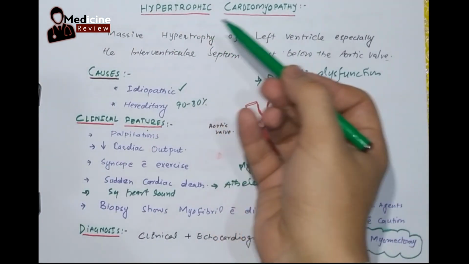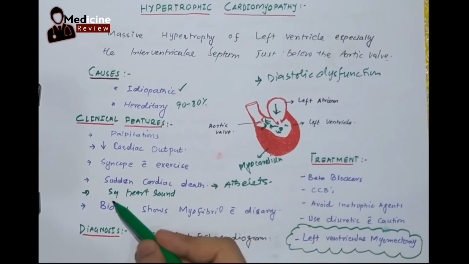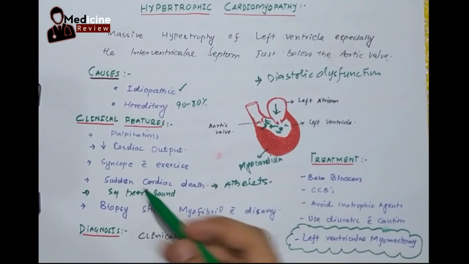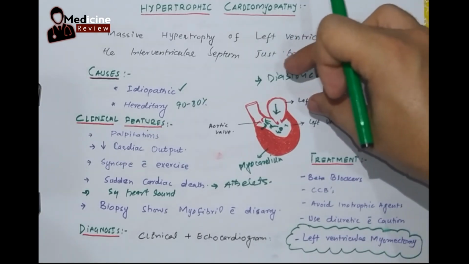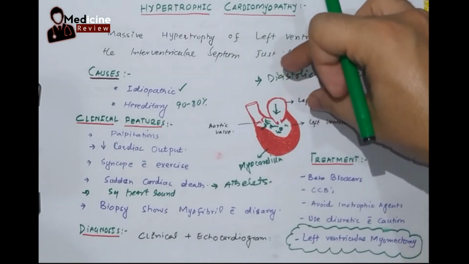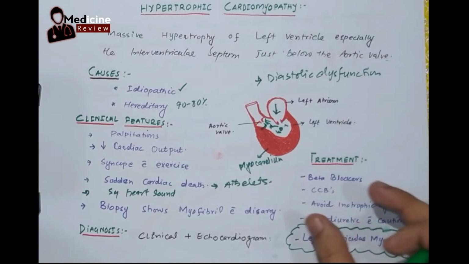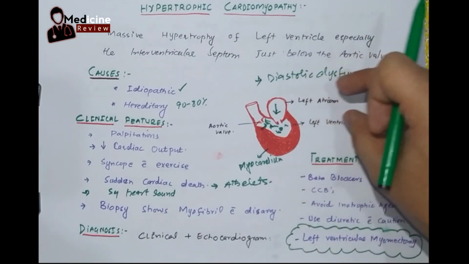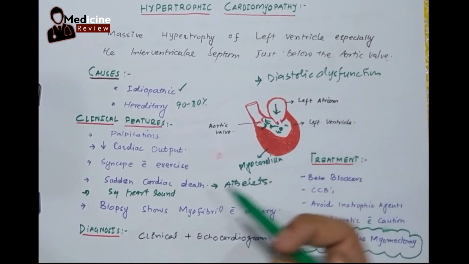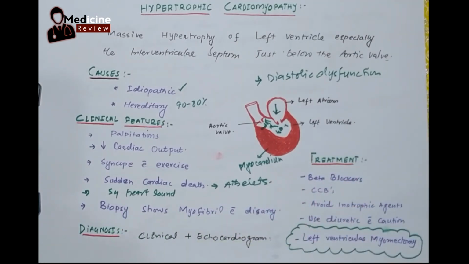In hypertrophic cardiomyopathy, there will be an S4 heart sound. What is the S4 heart sound? Whenever the left atrium contracts vigorously against the stiff ventricle, this produces a sound which we call the S4 heart sound.